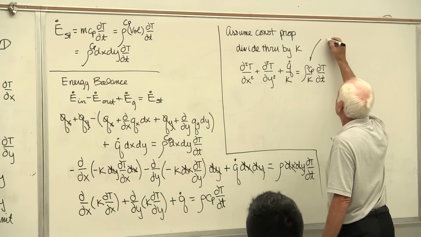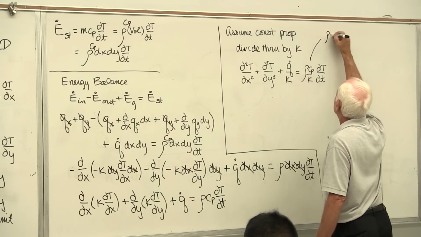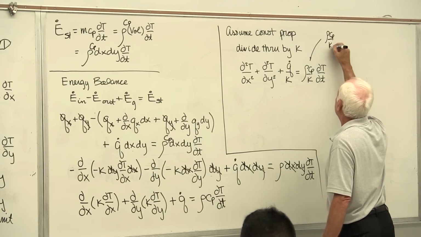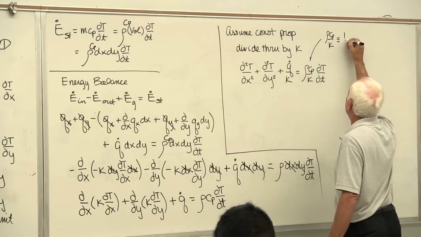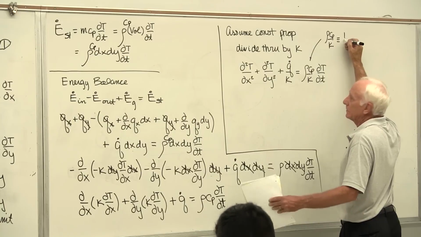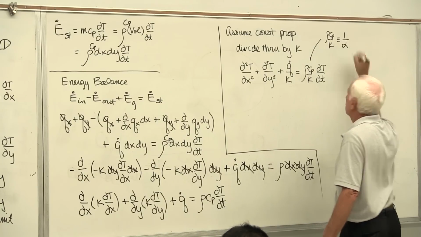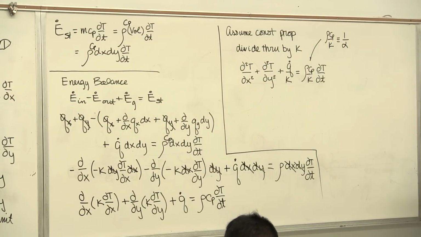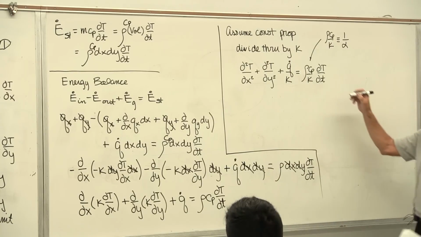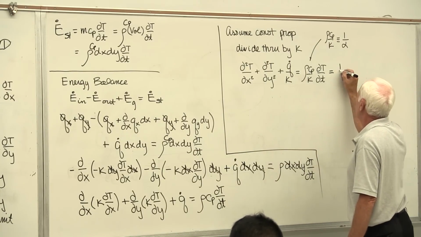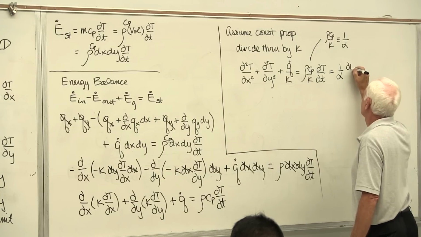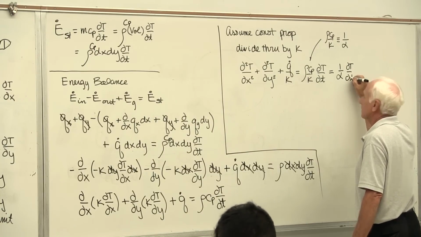But rho c_p over k is just what we defined back in early chapter 2 as alpha, the thermal diffusivity. So the right-hand side can be written as 1 over alpha times the partial of T with respect to time.